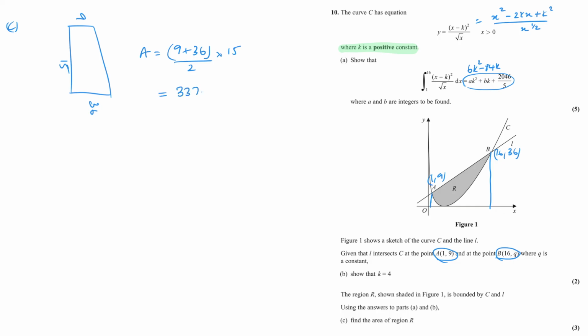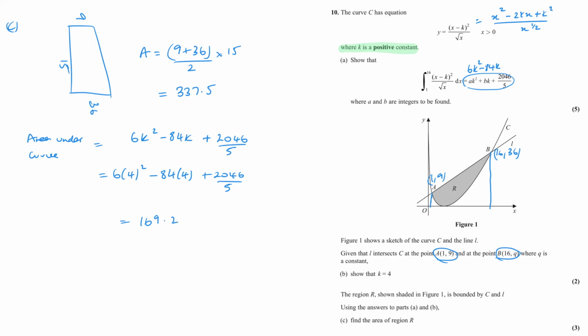That's 337.5. Now area under curve is 6k squared minus 84k plus 2046 over 5, and k is 4, isn't it? And that is 169.2.